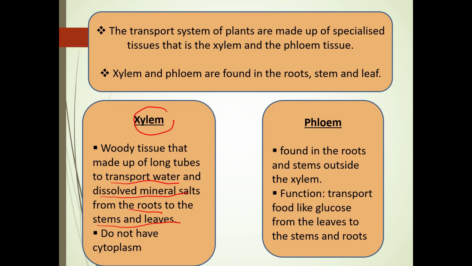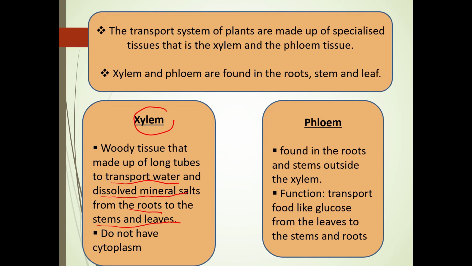I already told you, when water is lost due to transpiration, it happens at the leaf, right? So the water needs to be replaced. So it will form a force of attraction to replace the water that is being lost by the plant. At the same time, when the water is moving upward, the food also will be moved.